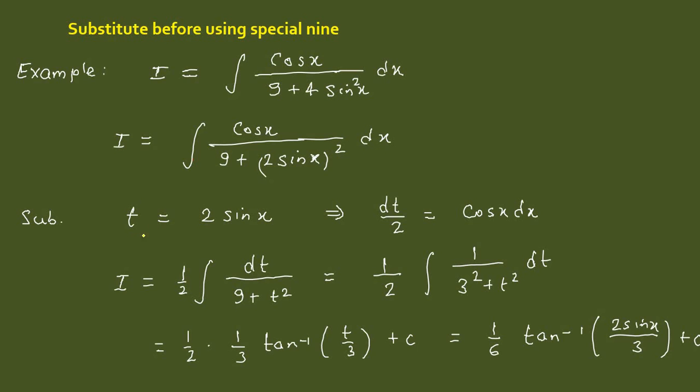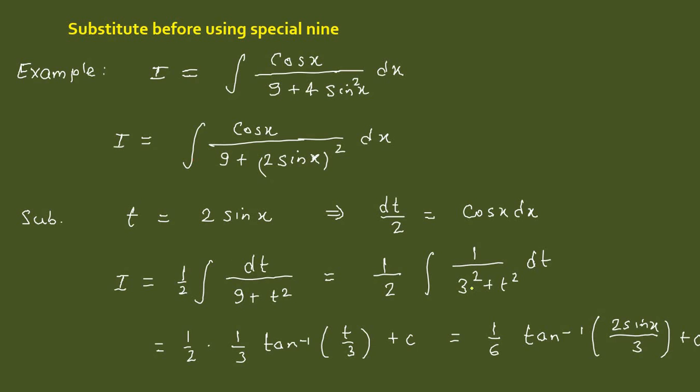So of course let us substitute t is equal to 2 sine x, so we will get dt by 2 as cosine x dx. So this cosine x dx should be replaced with dt by 2, so half can be taken out because it's a constant, and in the denominator we will have 9 plus t square.